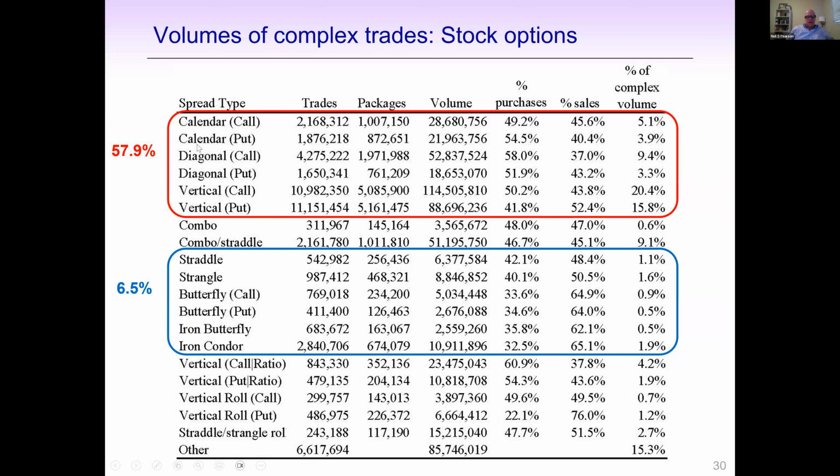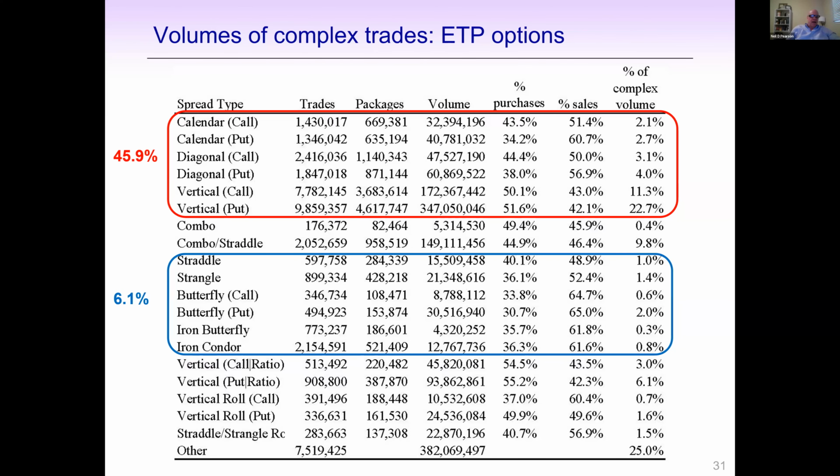So the combination of simple spread trades, calendars, diagonals, and verticals, and trades that are intended to roll simple spreads is actually more than 60%. Trades that are usually interpreted as volatility trades are a relatively small fraction of trading volume. Broadly similar results in options on exchange traded products.